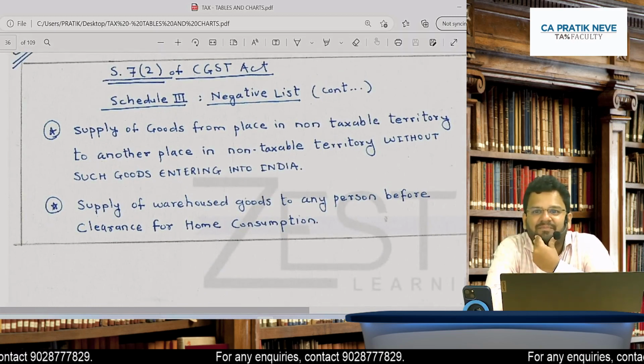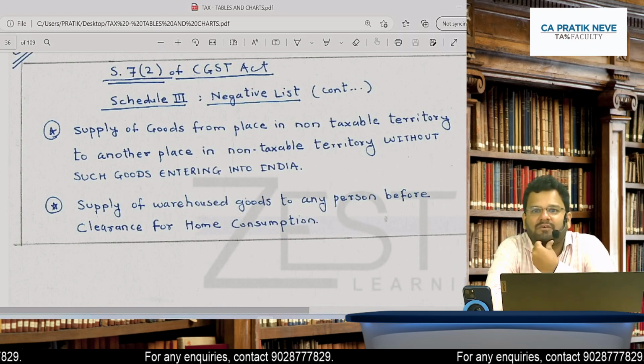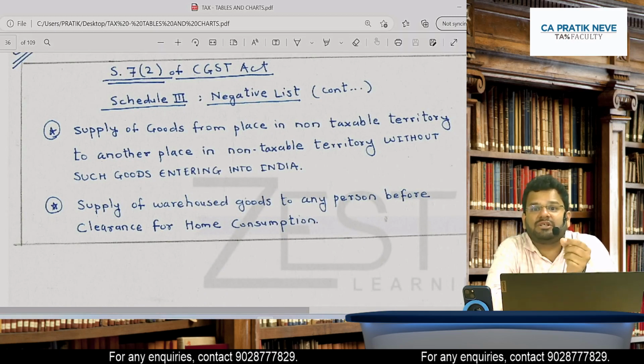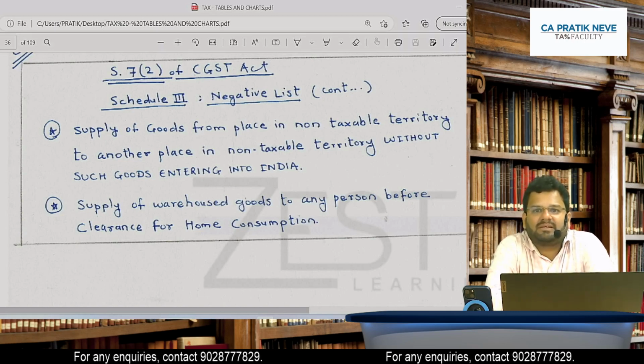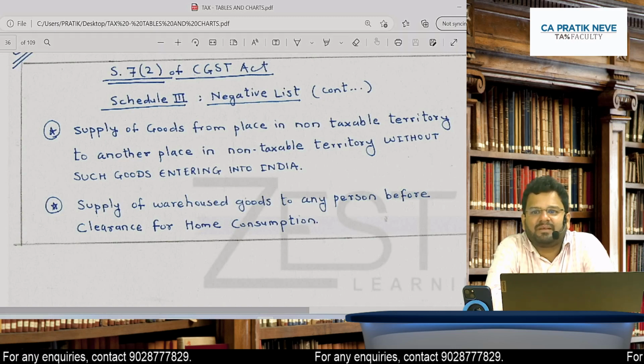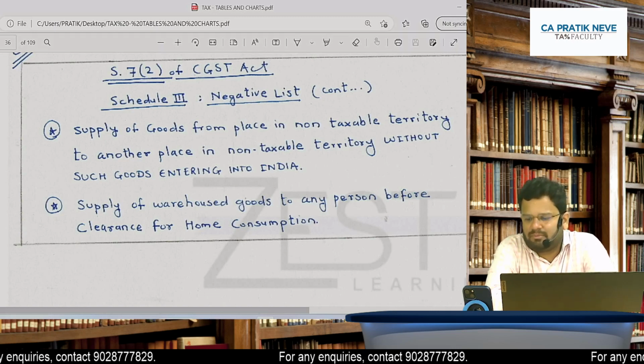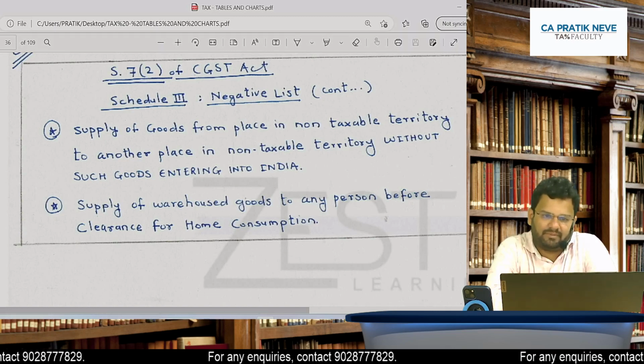Yesterday we have seen its valuation also. Valuation of lottery, betting, gambling is kept in which rule? Yesterday you have seen that it is kept in rule number 31A. Do you remember? Not 32. It is kept in 31A. Yes, very good.